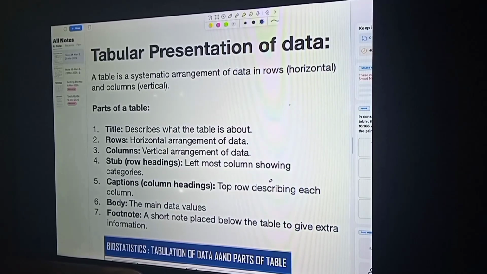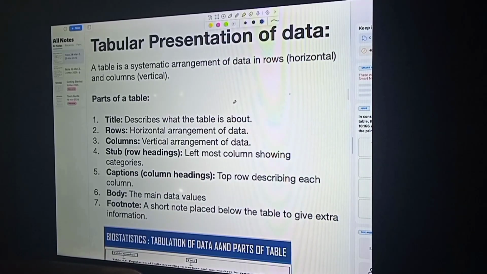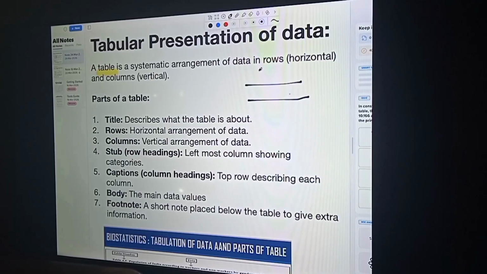Well, before going into the detail of tabular presentation of data, let me introduce you to a table. A table is a systematic arrangement of data in rows and columns. Rows are drawn horizontally, whereas columns are drawn vertically.